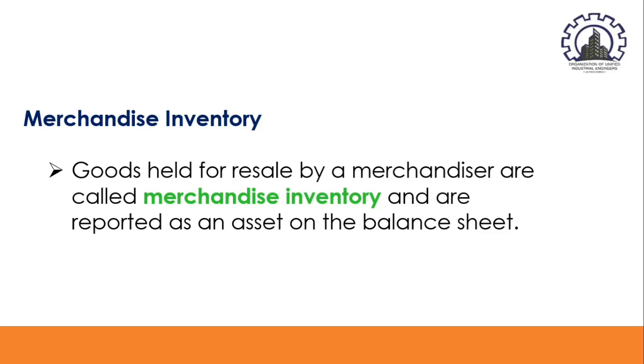Goods held for resale by a merchandiser are called merchandise inventory and are reported as an asset on the balance sheet. This being said, a service company would not normally have merchandise inventory because in the first place, they are not selling merchandise goods.